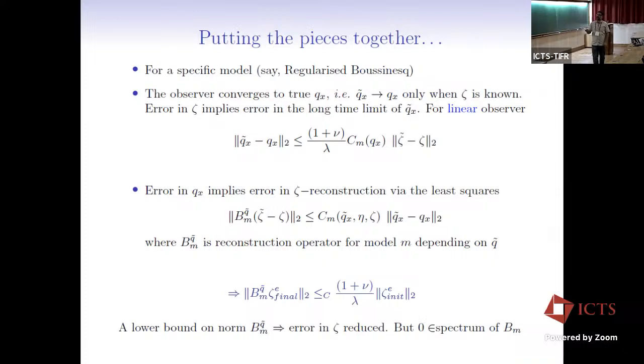Because this operator doesn't have a good lower bound, this operator is ill-conditioned. Because of that ill-conditioning, when you turn it into an iterative scheme, you actually introduce a new kind of instability. And at some point, whenever the error is in the direction of the smallest singular value, you amplify that error.